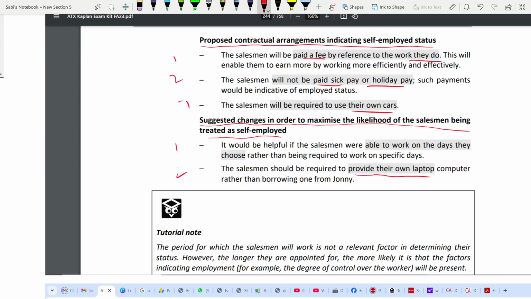Next, it's better if salesmen are able to work on the days they choose, not when they are required to work on specific days like Tuesday and Wednesday. Okay, these two are purely from the case study. Based on the days that they will work, give them their own laptop rather than borrowing from the company. So if you make changes here, the laptop and the days of the work, they will be treated as self-employed.